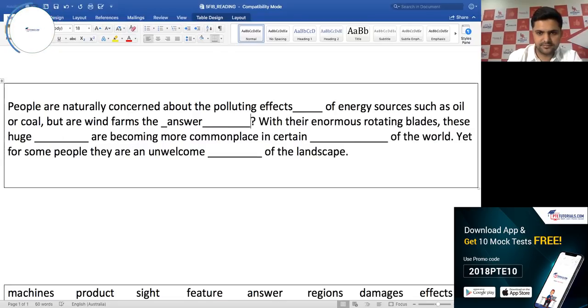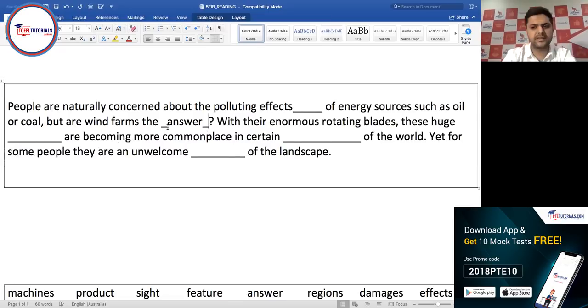Right? Now, with enormous rotating blades, these huge dash are becoming more commonplace in certain dash of the world. Now, we have the third blank and the fourth blank both in the same sentence, and a quick glance at the options gives you a clear hint that regions is the only option that would make sense.